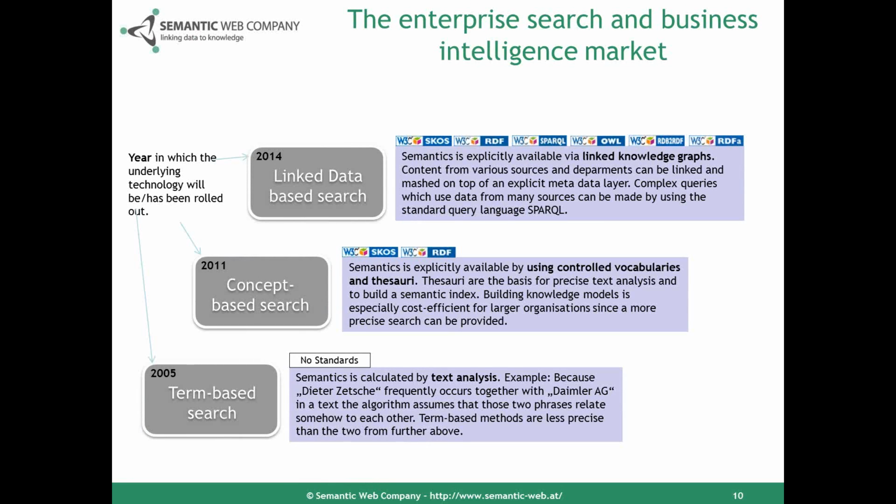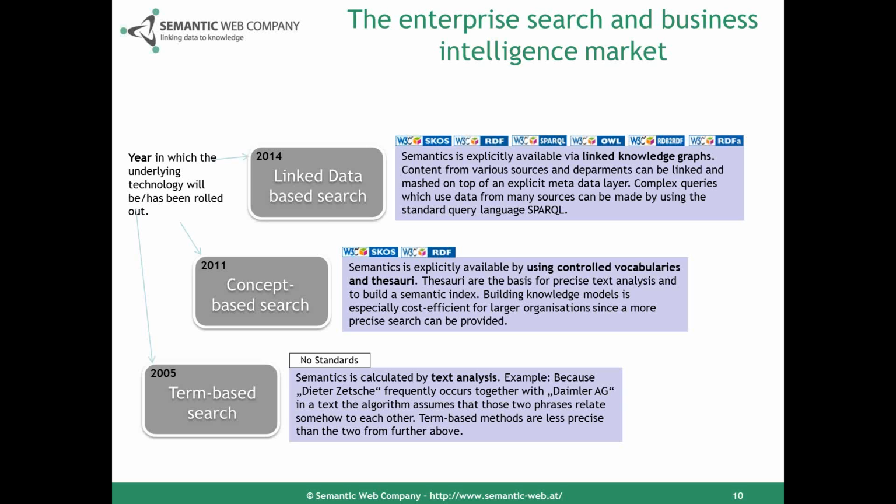Okay, so that's more or less the roadmap towards the linked data search, the complex queries I've mentioned. In recent years we had some semantic search around. It was still based on terms more or less, so the semantics was calculated by text mining and text analysis.